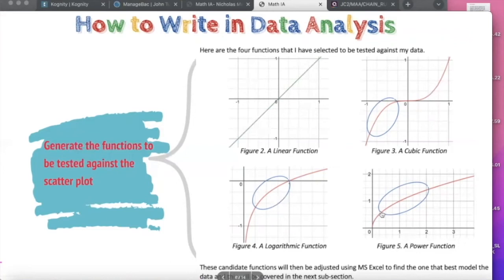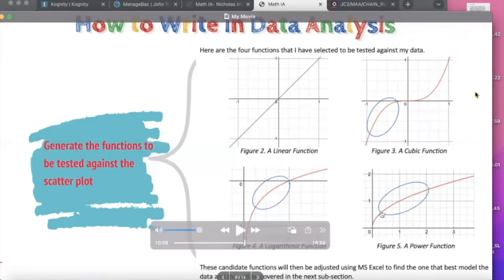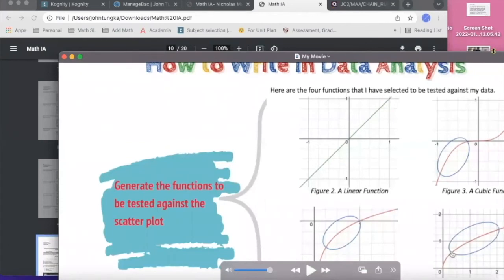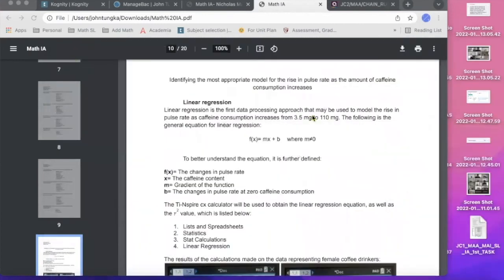If the variable shows growth or decay, usually exponential or logarithmic functions can be used, because Euler's number e is very common in growth, and log is usually common in decay. So that's what you need to put before you go straight to the linear regression.